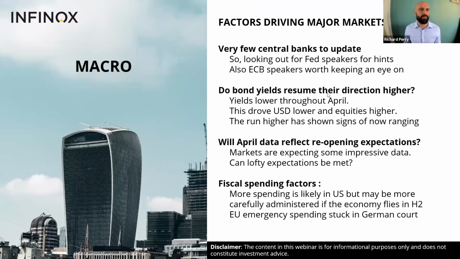Okay, so we have just sort of delved into the Fed speakers. So I think the speakers for the Federal Reserve and the ECB are going to be the important factors in May. Now the question is, do bond yields start to rise again? I don't like to talk about bond yields too much, because I know people sometimes get bogged down with looking at yields.